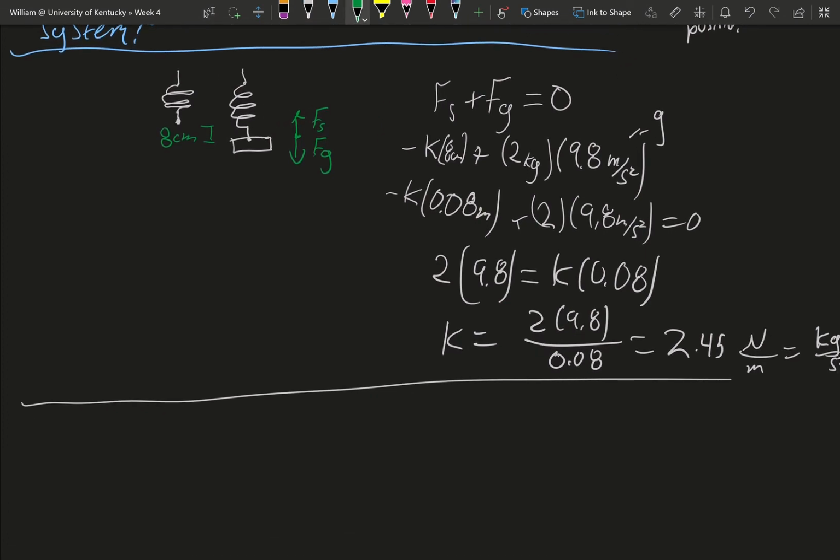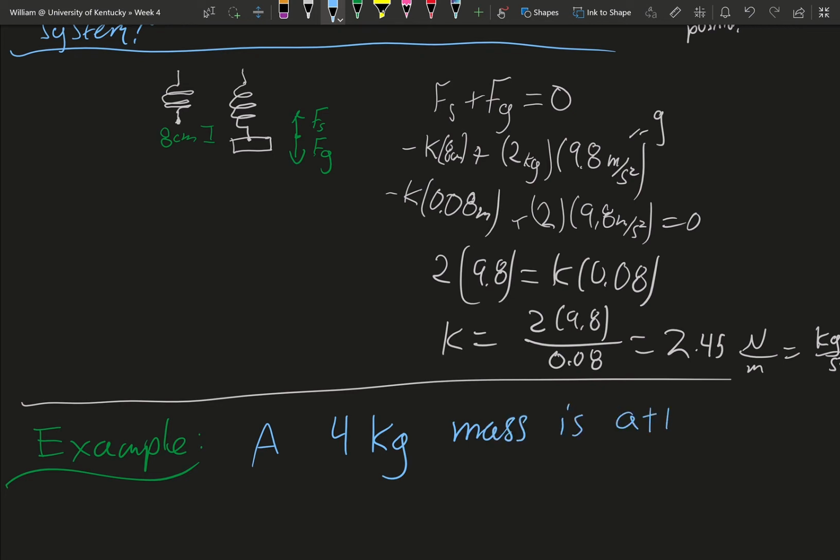So let's do our first example of actually solving one of these systems. We have a 4 kilogram mass attached to a spring, and it's stretching it 30 centimeters.